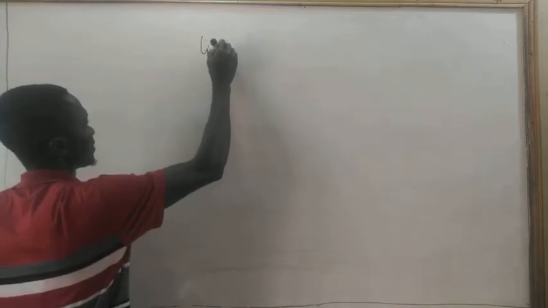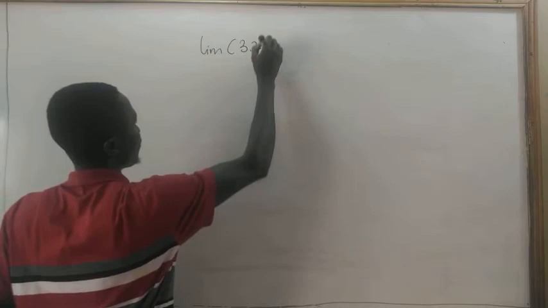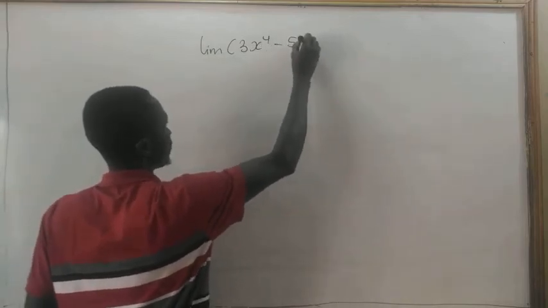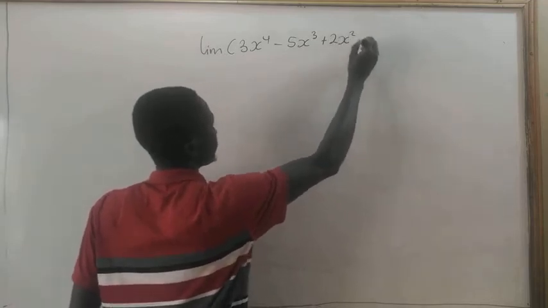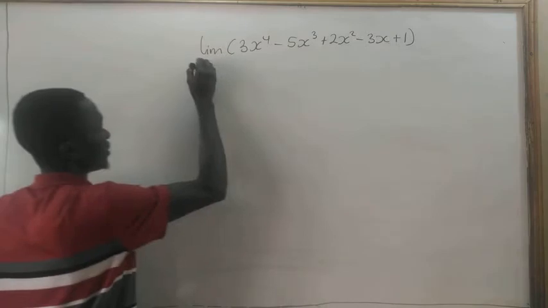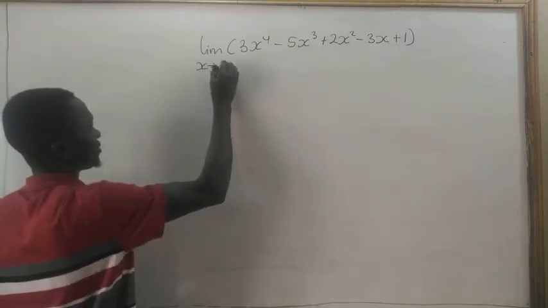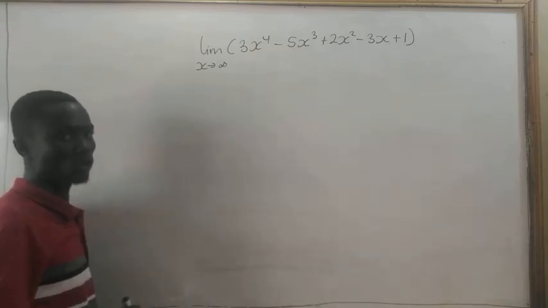Let's take the limit of 3x to the power 4 minus 5x to the power 3 plus 2x squared minus 3x plus 1 as x approaches infinity. Now, let's apply the laws of the limits.